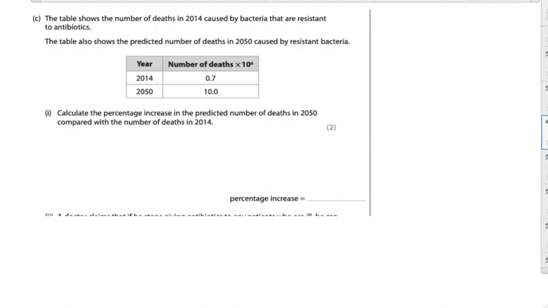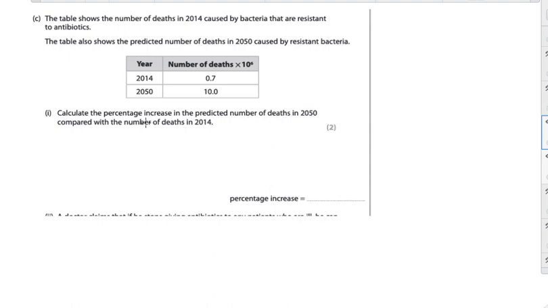This table shows the deaths caused in 2014 by bacteria resistance of antibodies. And this predicts the deaths going to be caused by 2050 by resistant bacteria. Calculate the percentage increase in the prediction of the deaths.